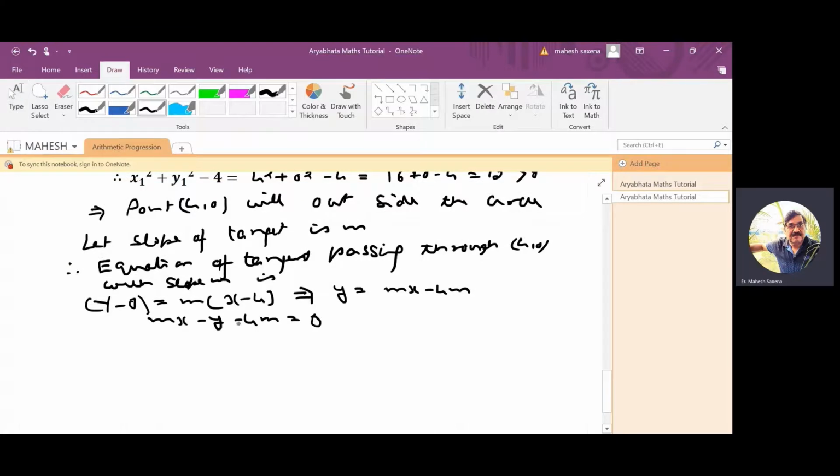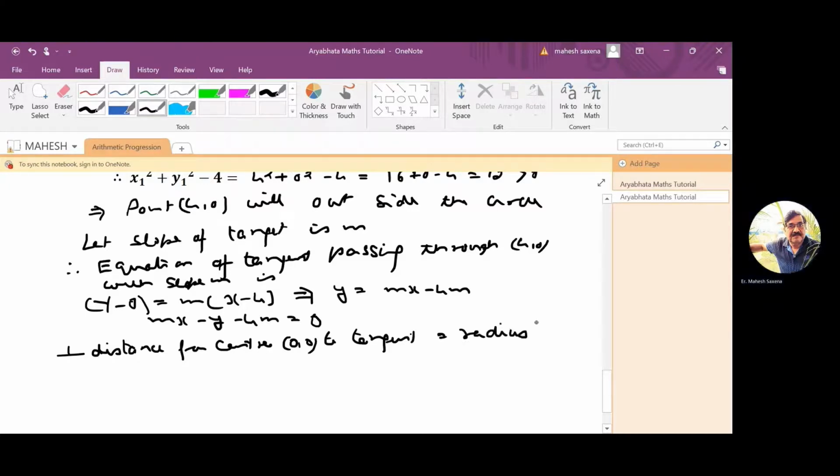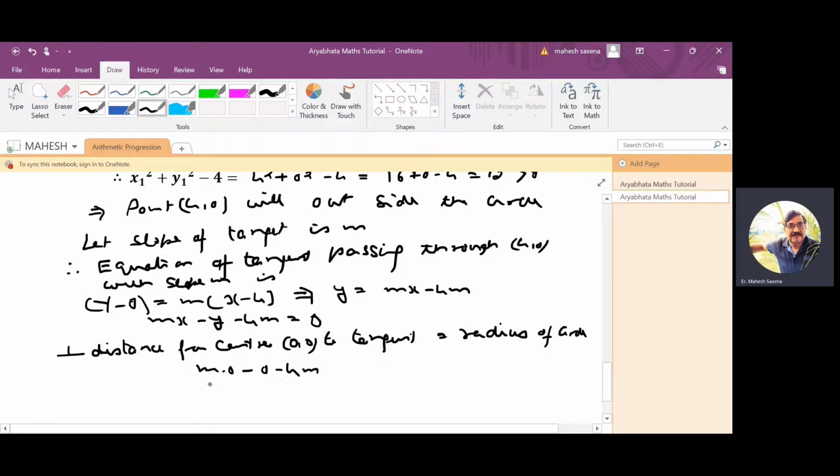Now, if mx minus y minus 4m is the tangent, therefore the perpendicular distance from center 0, 0 to tangent is equal to radius of circle. Therefore, modulus of m into 0 minus 4m upon under root 1 plus m square is equal to radius, which is 2.